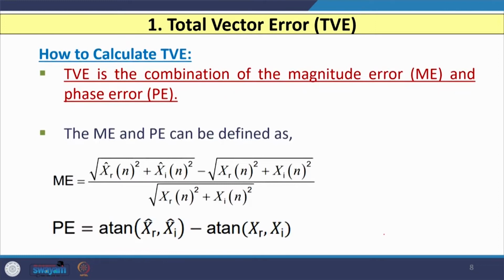So, now let us see how we can calculate the total vector error. As I told you, it is a combination of both magnitude error and the phase error.